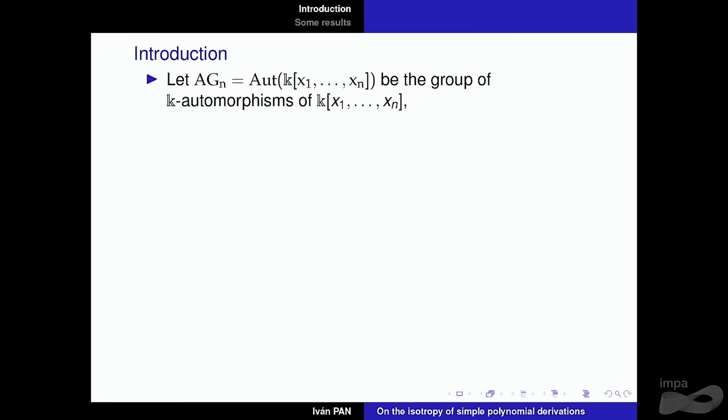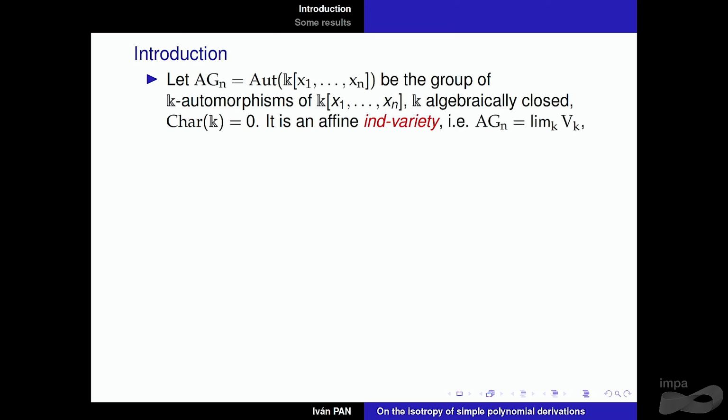I will work over an algebraically closed field K of characteristic 0, and let AGn be the automorphism group of the K-algebra of polynomials. That is, the group of K-linear automorphisms of the polynomial ring. Then it is an affine ind-variety.